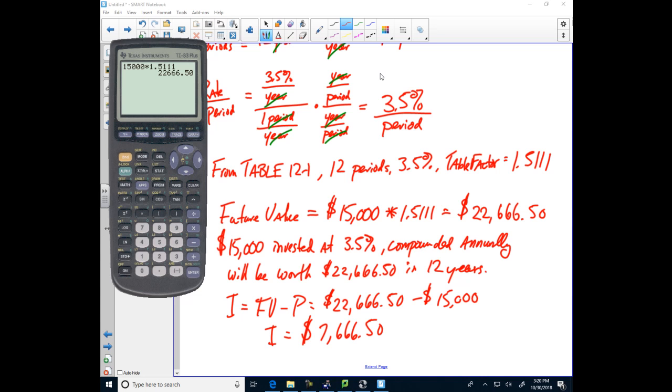Actually, you can get the doubling period from the table. Anybody have an idea how to do that? You'd simply work backwards. You'd find the values in the table that are 2. Like if you look at 4% and go down to 18 periods, your table factor is 2.0258.